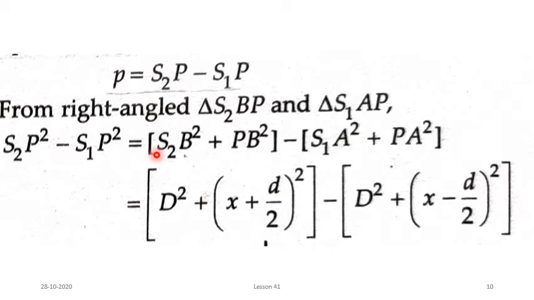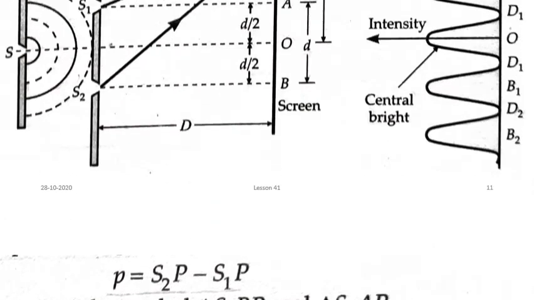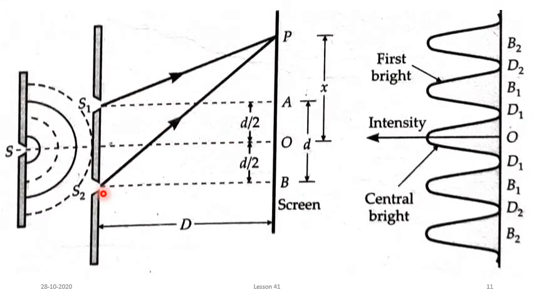Now, what is your S2B and your PB? S2B is the distance of the screen from the source, which is denoted by capital D. What is PB? Okay, so to understand PB, we know the two slits are a distance d apart, and this is the center of the screen.